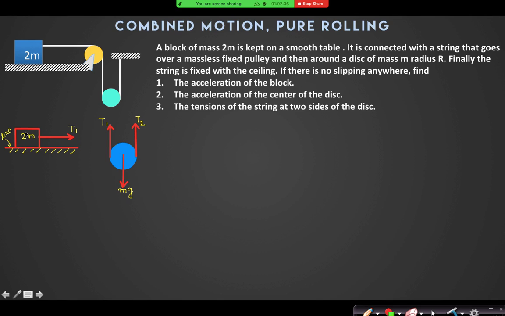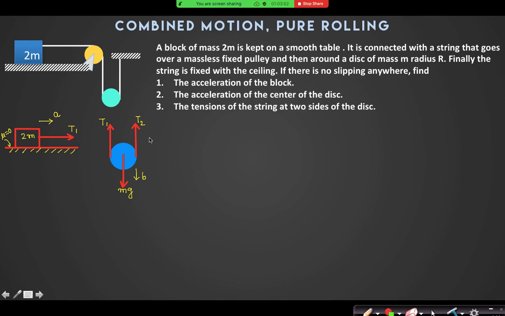Are the free body diagrams okay, everyone? Yes, sir. Now, if I take this acceleration to be A and the acceleration of the center of mass of the disk to be B, what equations am I going to write? Tell me. So you write the constraint first only.